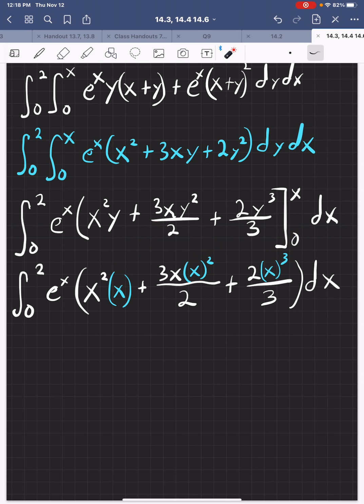All right, so at this stage, we can start to distribute all of this, right? So this just becomes x cubed, and this becomes 3x cubed over 2, and this becomes 2x cubed over 3. Let me see what I'm going to do.